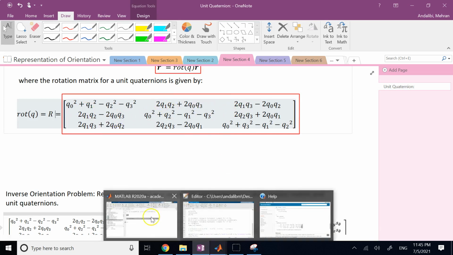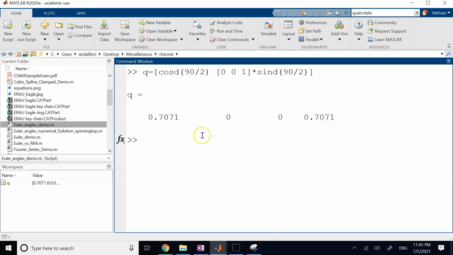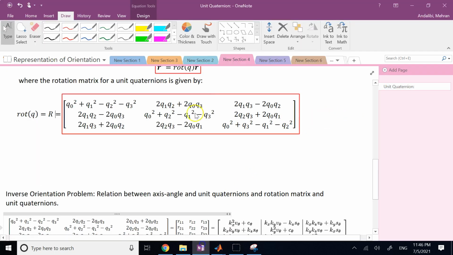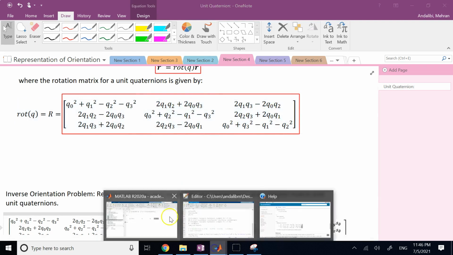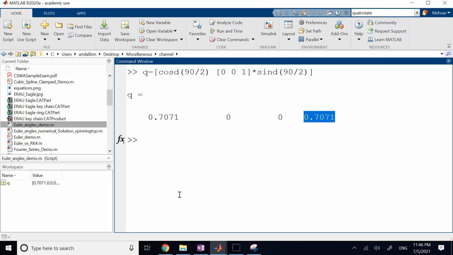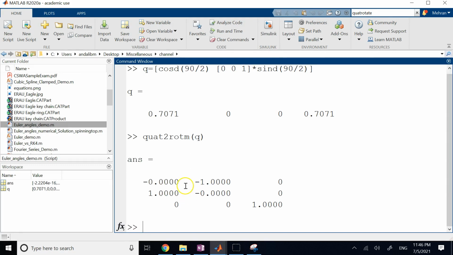I can plug in these numbers as Q0, Q1, Q2, and Q3 into this matrix and calculate it manually, or I can use the built-in MATLAB command quat to rotation matrix. I just pass Q to it and it gives me the rotation matrix. Now, does this look like a rotation Z matrix to you?